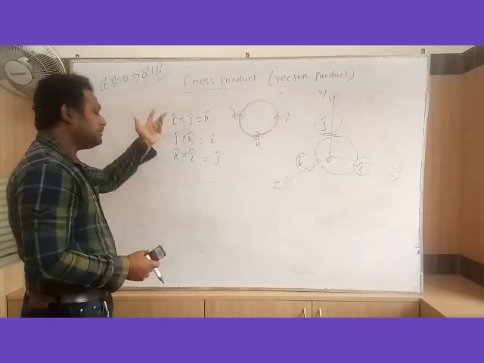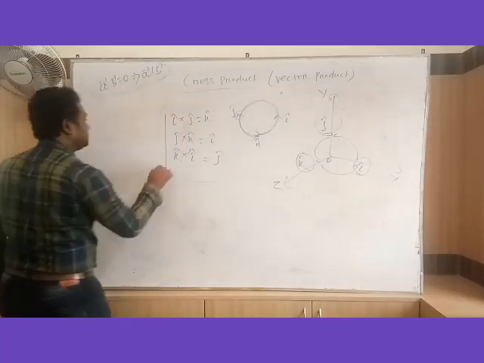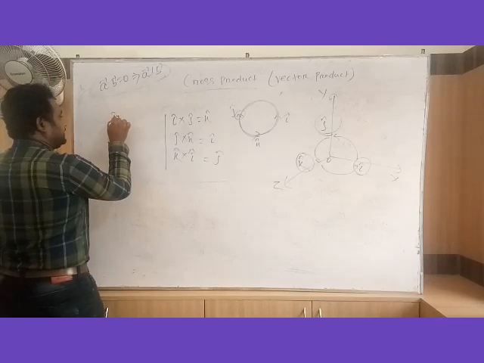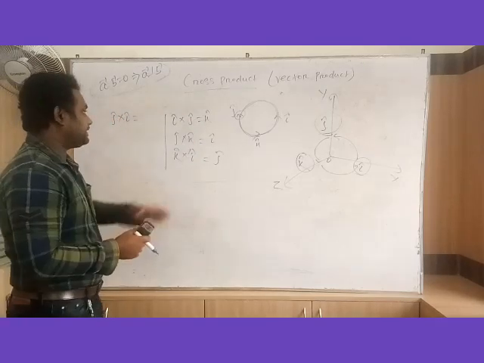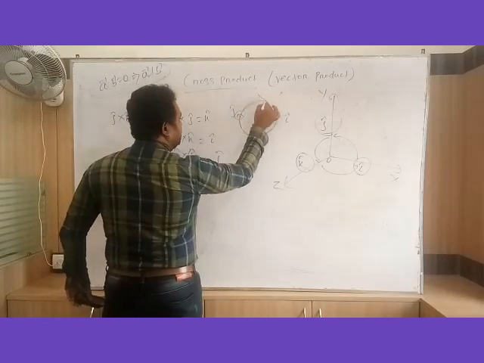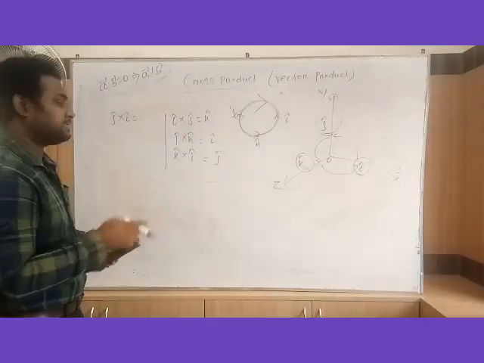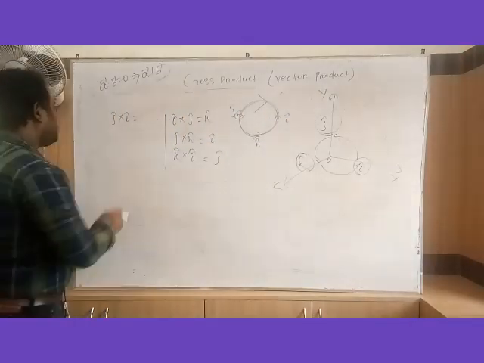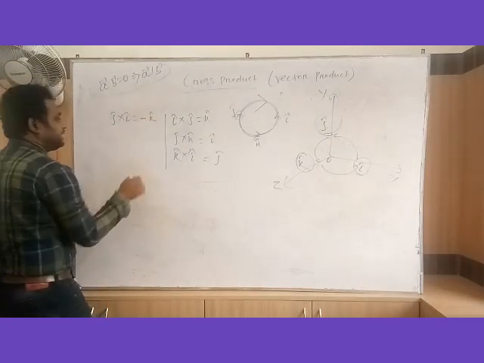If we change the direction, if you take j cross i, that means in the opposite direction, then the direction of the vector changes, and a negative sign also occurs. So j cross i equals minus k cap.